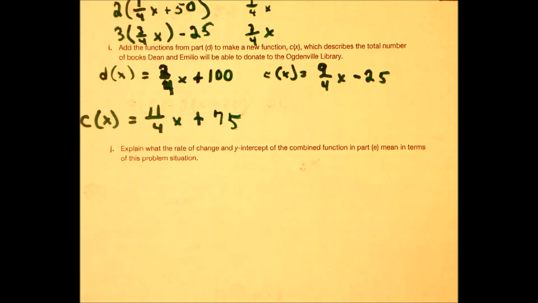Okay, so explain the rate of change and y-intercept for the combined function in terms of the problem. Meaning, they're going to start with how many books donated? 75, right? And then the rate of change is 11/4, which is 3.375 if you were to change that to a decimal.